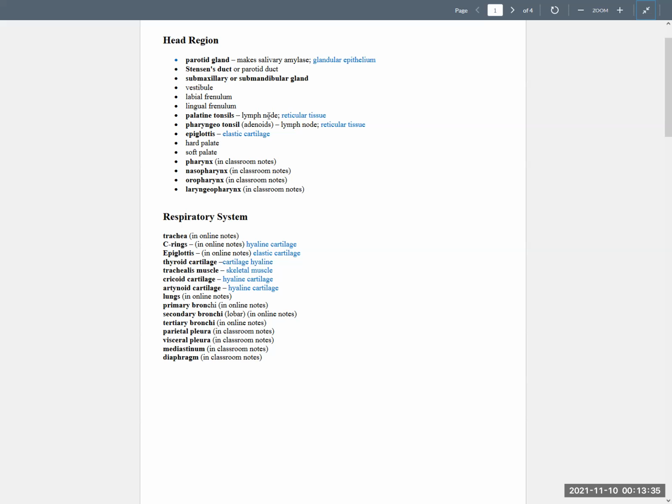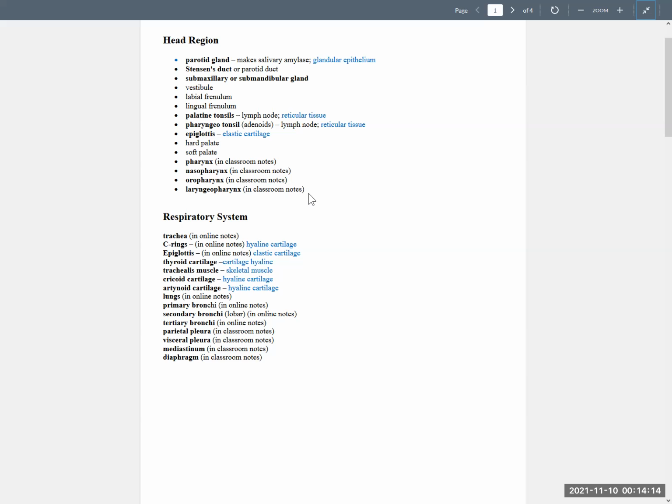It has lots of passageways and lots of crevices where white blood cells can accumulate. The type of tissue is called reticular tissue. Reticular network, sponge-like. Okay, there's another one, the pharyngeal tonsil, made up of reticular tissue. The epiglottis, elastic cartilage.